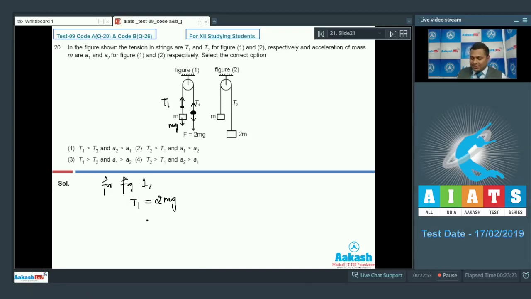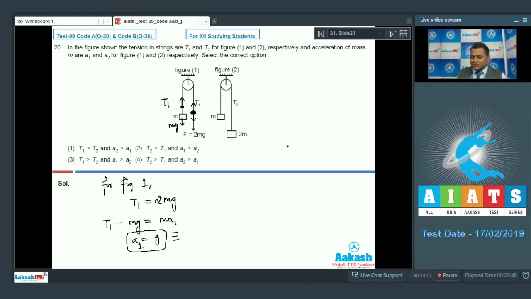That is 2 mg minus mg, which gives you mg, equal to mass into acceleration. T1 minus mg equals mass into acceleration. You will get the value of acceleration here. That is g. This is A1.